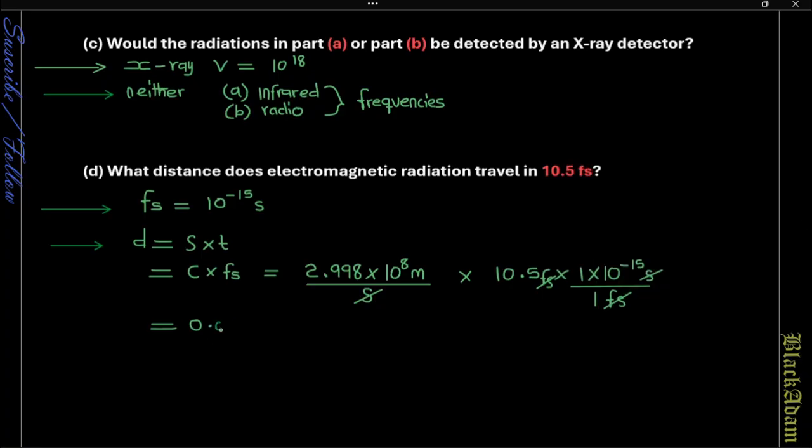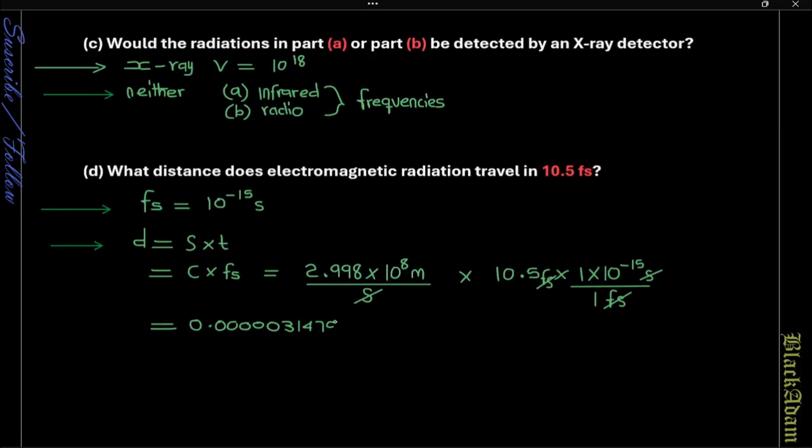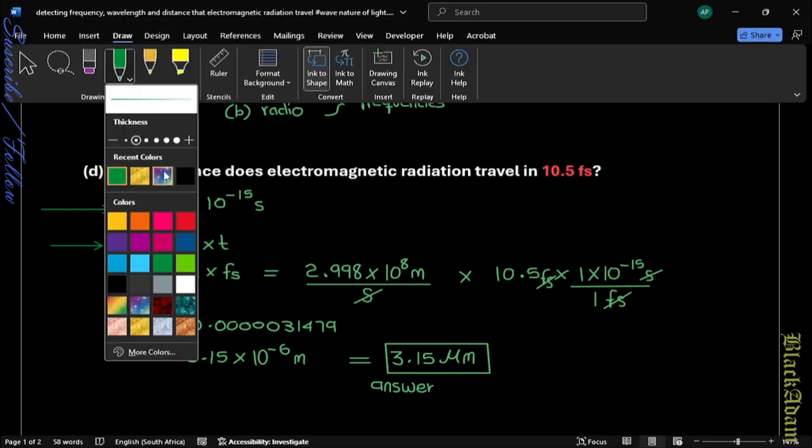We have 5 zeros before the 3, and then 1479, and that translates to 3.15 multiplied by 10 to the negative 6 meter. That's equivalent to 3.15 micrometer. So micro is the power negative 6, and that's our answer.